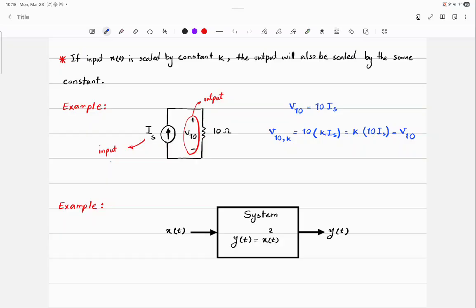It means if you multiply the input by k, what happens to the output? It gets multiplied by k. That's called homogeneous. So if a system has these two properties, it means that it is linear. Do you have a problem with this proof? Do you prefer the numerical example? I wanted to do it both ways, so.